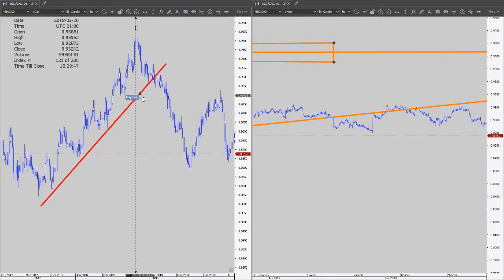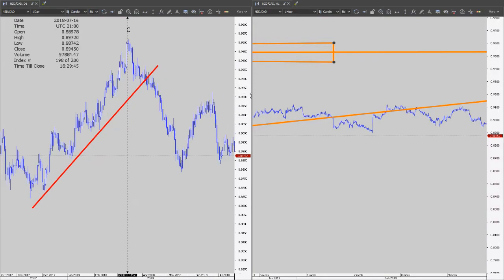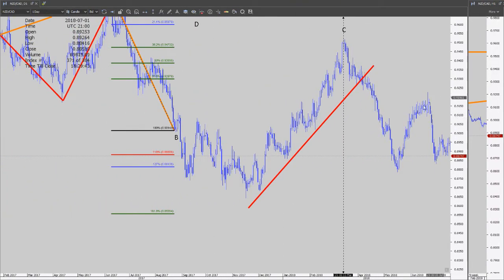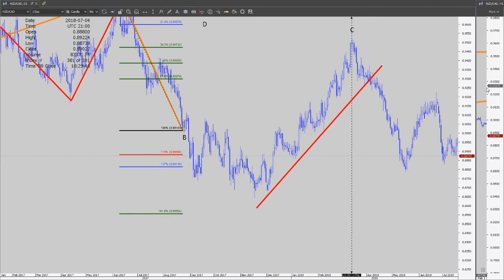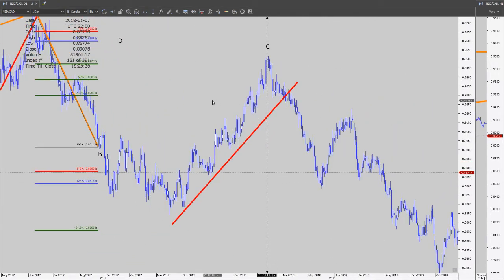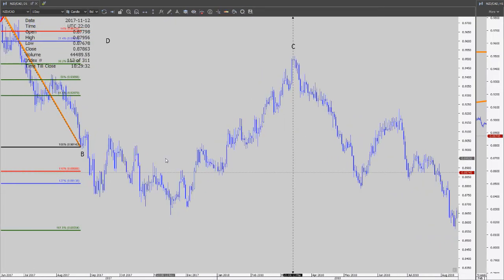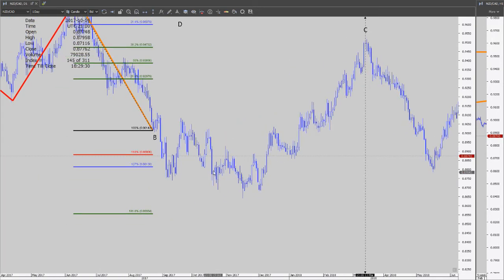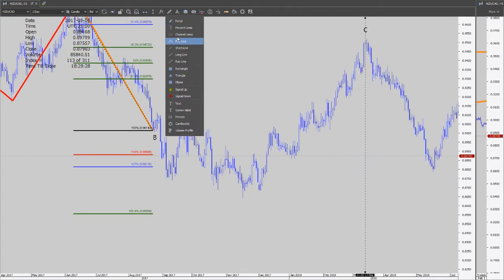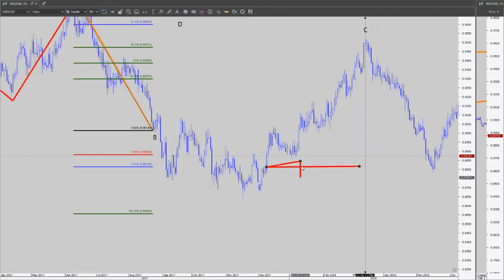There you go. C. Okay. ABC, right? And we are saying to you that the market makes false crowns, right? False crowns at 118 and 127, right?